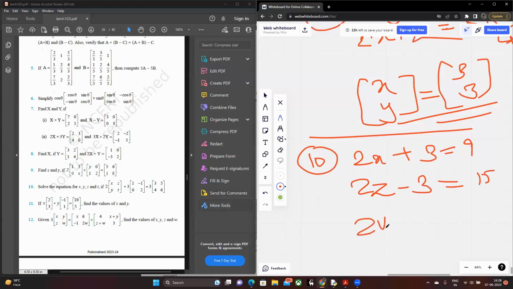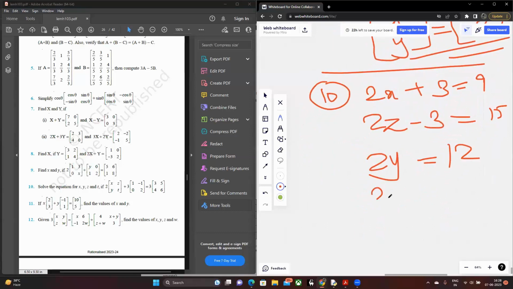You have 2y plus 0, that is 2y, is equal to 3 into 4, that's 12. And then you have 2t plus 6 is equal to 18, right?